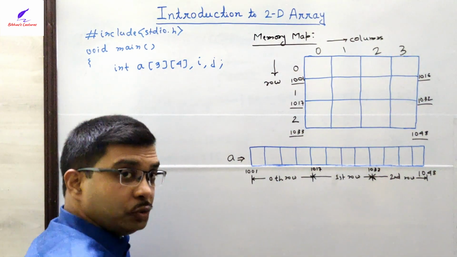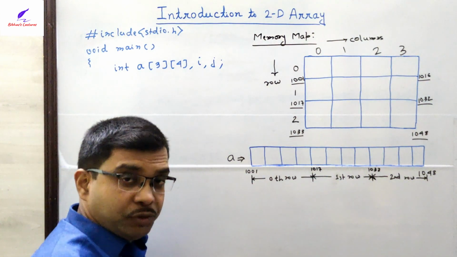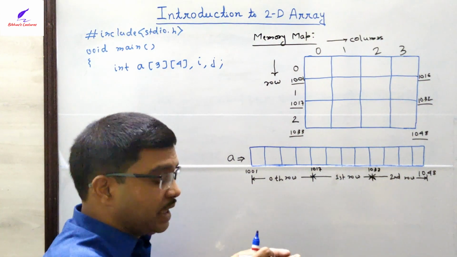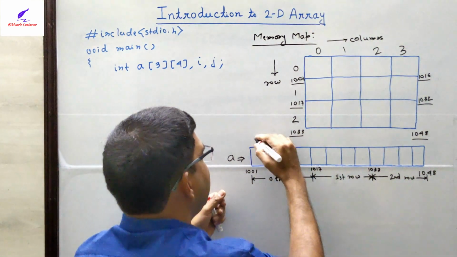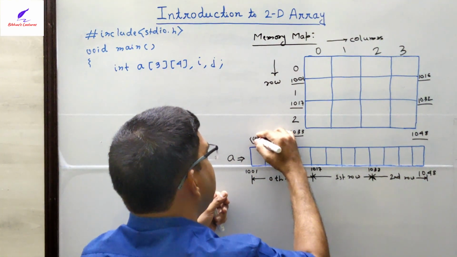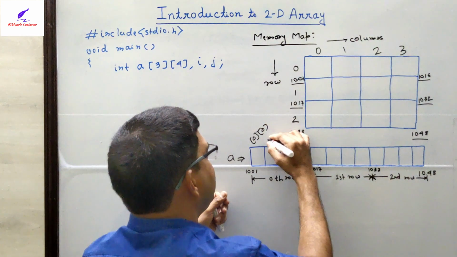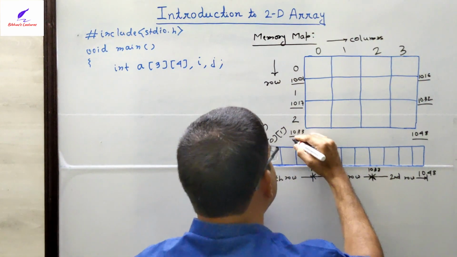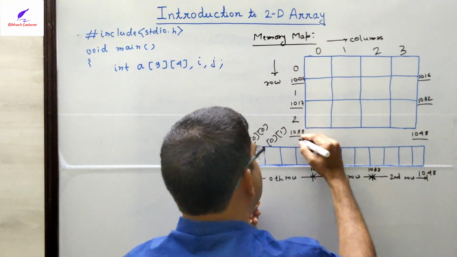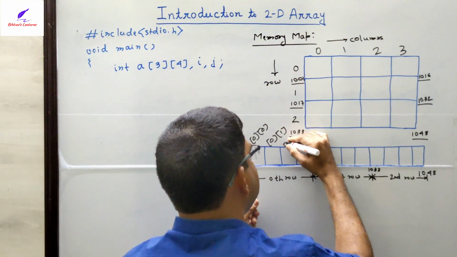Whenever you are dealing with a 2D array, if you want to mention an element of the array, you have to mention the indices of both row and column. So this element is present at index 0, 0. Similarly, the next will be 0, 1. All the indices will be mentioned like that.